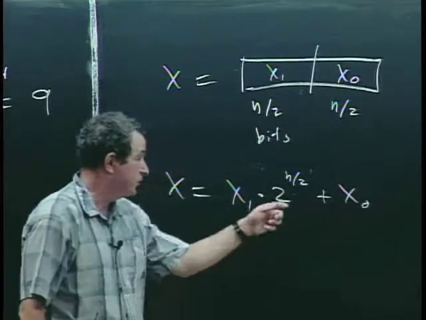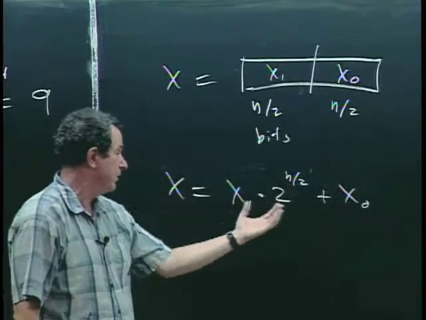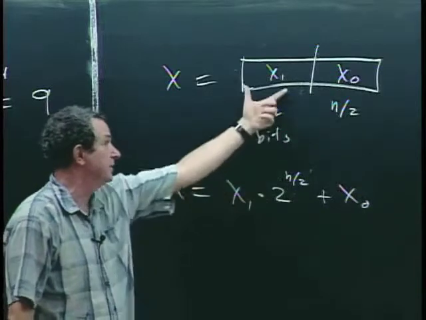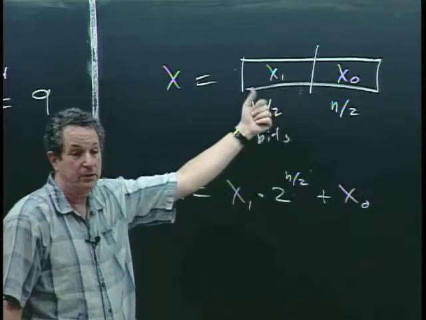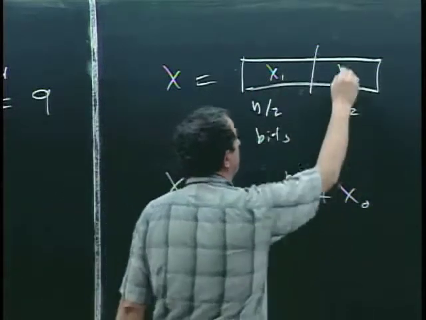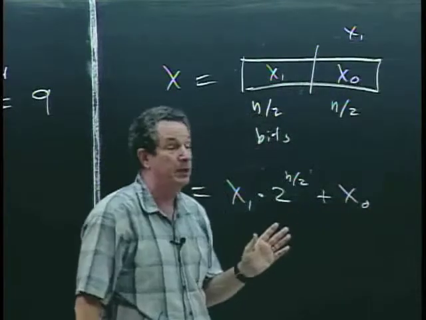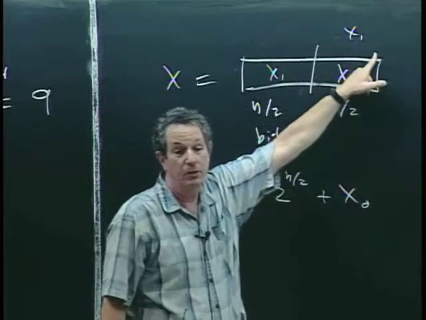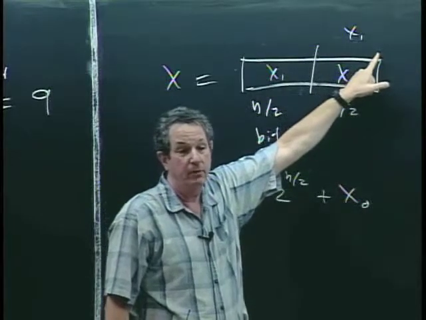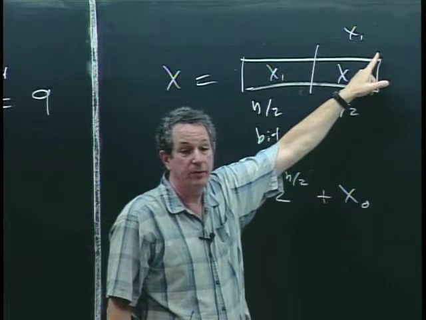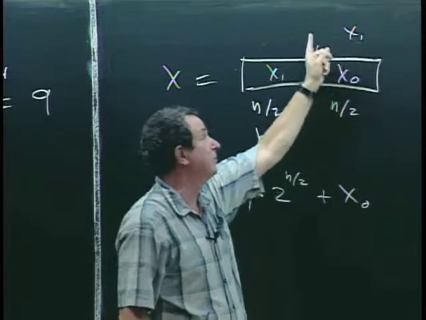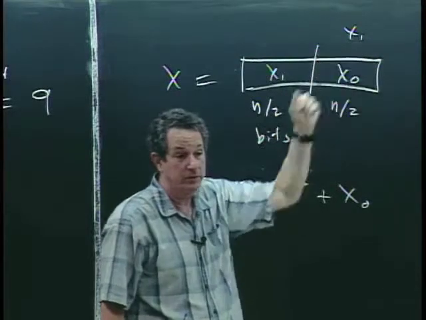This 2 to the n over 2 is what shifts x1 effectively to those positions. So you could think of x1 as an n over 2 bit number sitting in the low order bits. What happens when you multiply that by 2? They move over by one position and you get an extra 0 at the right hand.